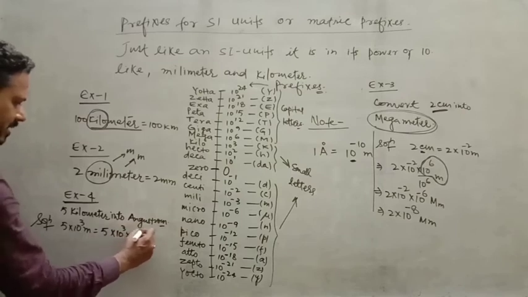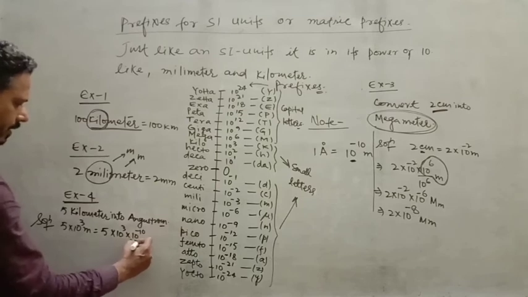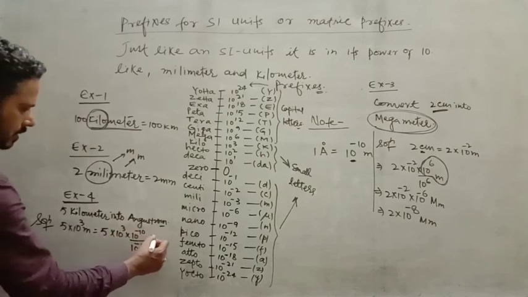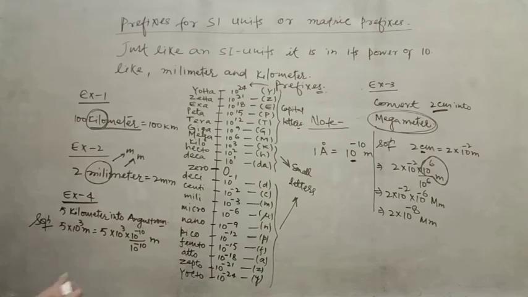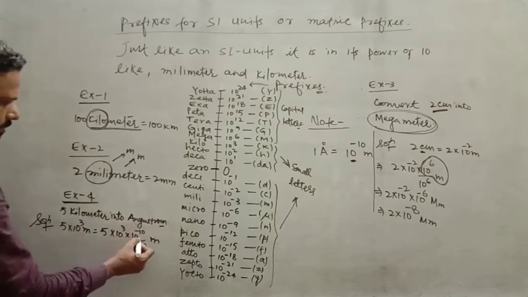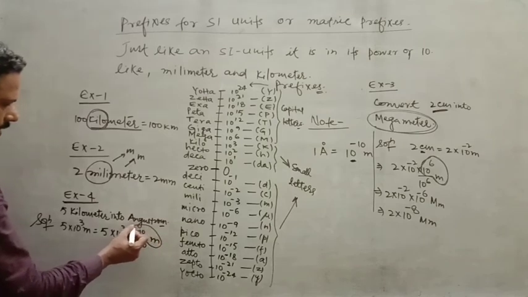So you also need to divide this one by 10 raised to minus 10. That's why this number and this system will not be unbalanced. That would be balanced. So now this becomes meter over meter. So 10 raised to minus 10 meter is your angstrom. See, this one is in your angstrom.